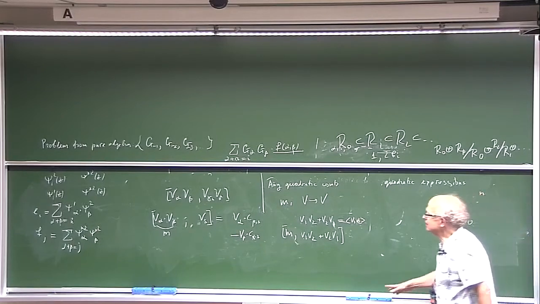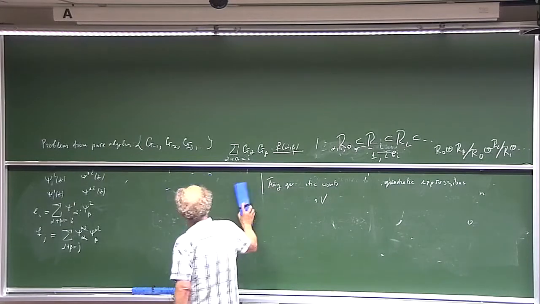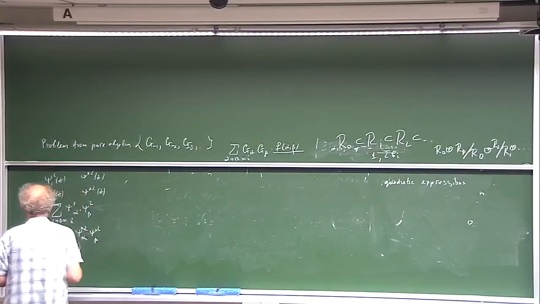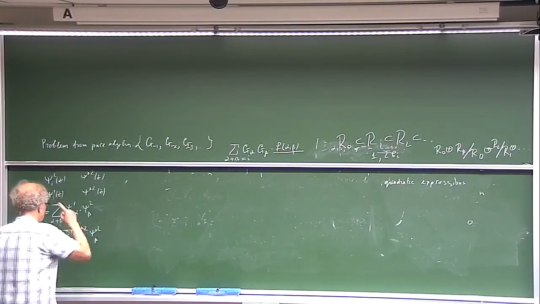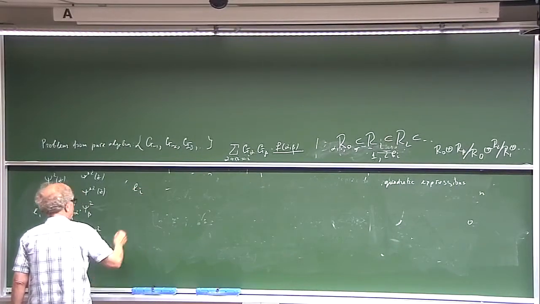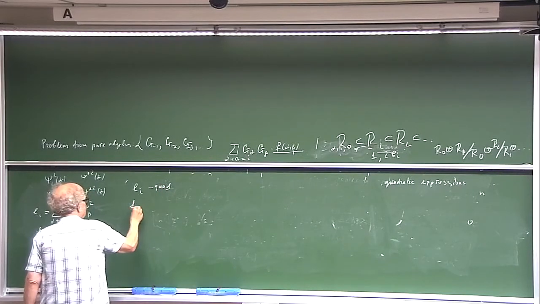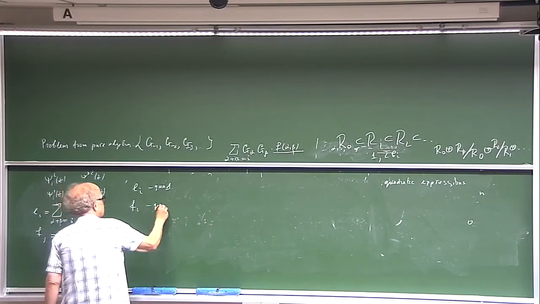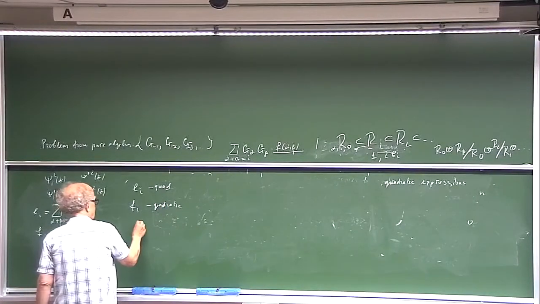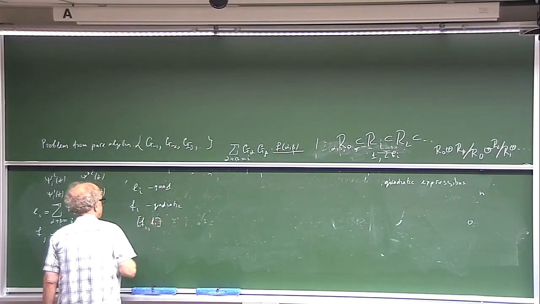And after that, if we have this in mind, then we can use it here. So I want E_i quadratic, F_i is also quadratic, and then I write down E_iF_j, which is also quadratic.